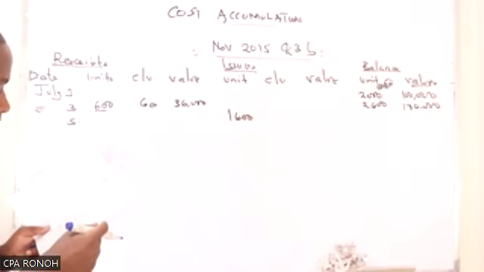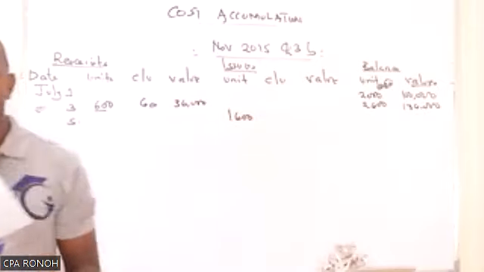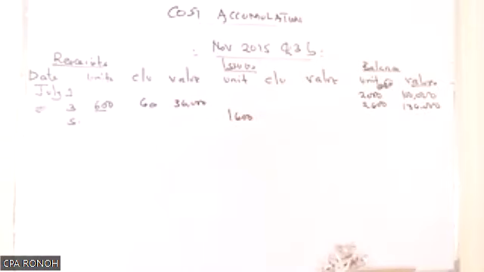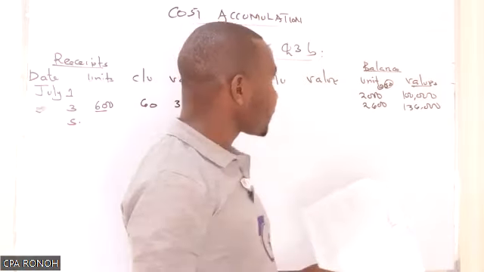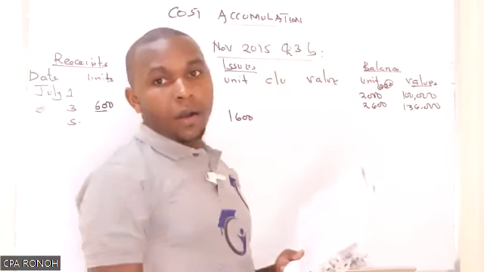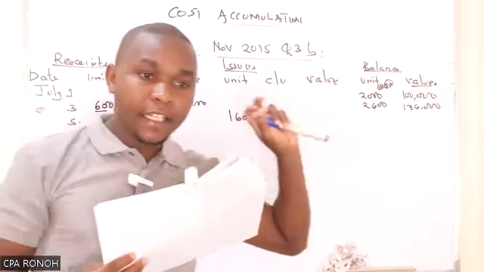Now the question is, at what cost will we issue these 1,600 units? The reason is we are using first in, first out.